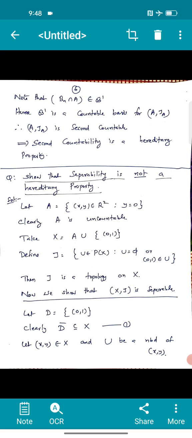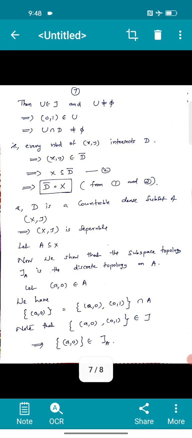Now we show that (X, tau) is separable. Let D = {(0, 1)}. Clearly D-bar is a subset of X. Result 1. Let (x, y) in X and U be a neighborhood of (x, y). Then U is in tau and U is not equal to the empty set, so (0, 1) is in U, or U intersection D is not equal to the empty set.